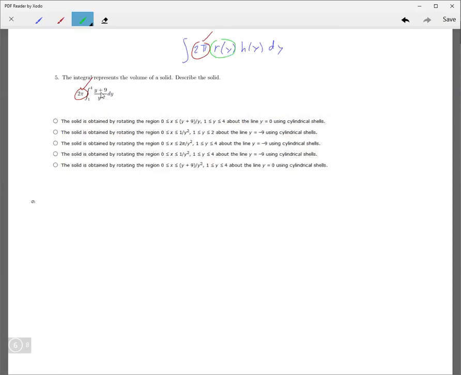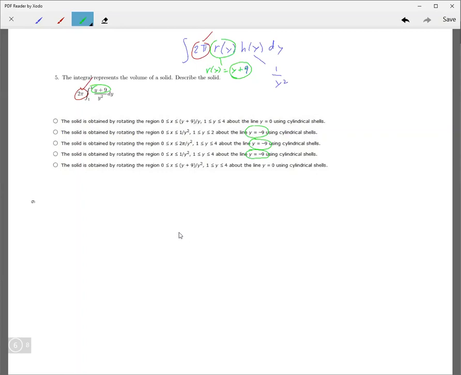I think the easiest thing is to make this our r of y right here, and to make h of y be that one. So probably r of y being y plus 9, and probably if we made h of y equal to 1 over y squared, that's probably the easiest thing. So we'll make the radius y plus 9. And that would be if you revolve it about the line y equals 9, that will tend to do it, okay?